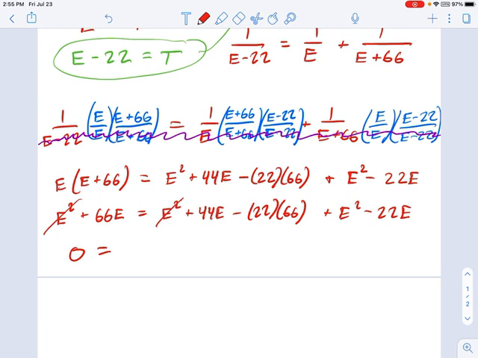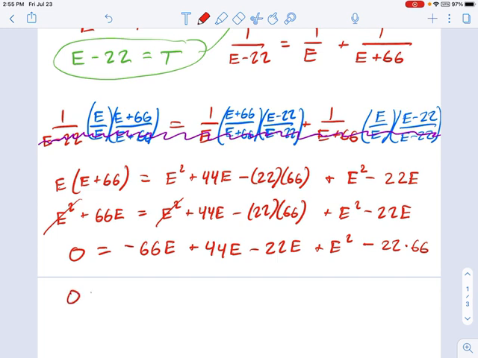Well, okay, let's just do this one step at a time. Doing things in your head gets us into trouble. So I'm going to move this 66E over and write out the rest of it. 44E, let's get all our E's over to one side. And then I have this plus E squared here and minus 22 times 66.